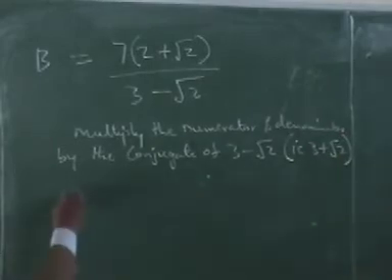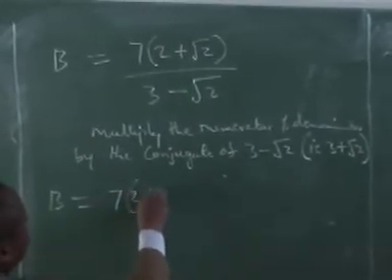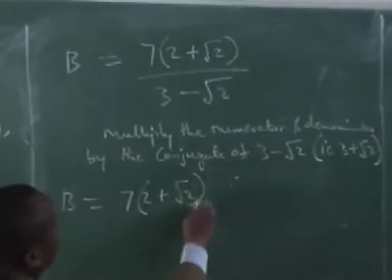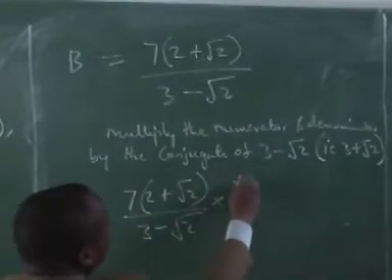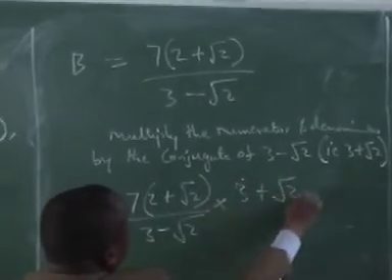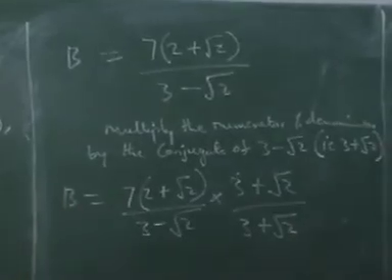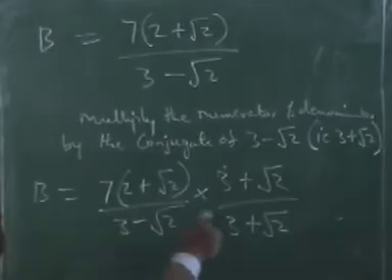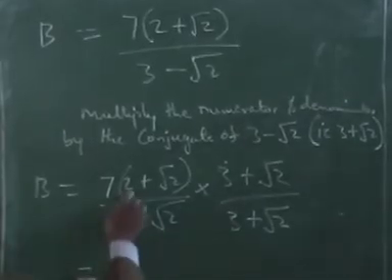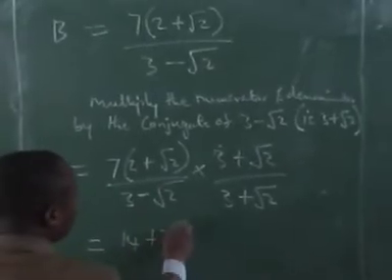So what we do now is, the breadth will be equal to 7(2 plus root 2) all over 3 minus root 2, times 3 plus root 2 all over 3 plus root 2. Before multiplying out, let me open the bracket in the numerator: 14 plus 7 root 2.